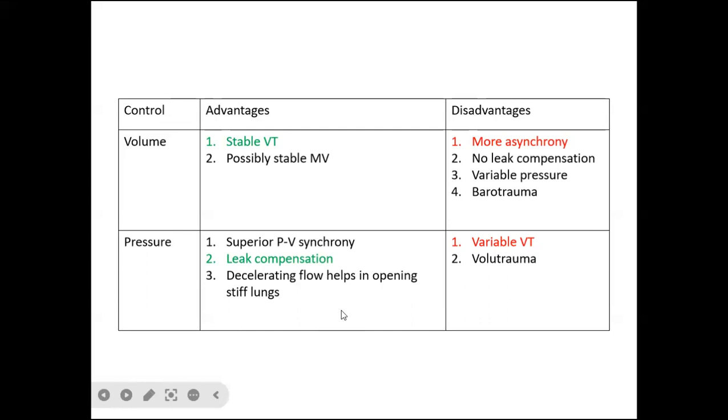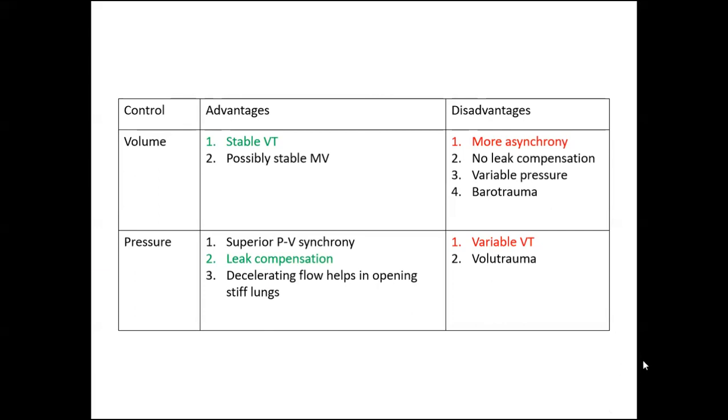And one more advantage is in stiff lungs like ARDS and pneumonia, your decelerating flow, because you are going to give a sudden gush of air in, so it can open the stiff lungs. That's one advantage. That's why in newer modes like PRVC, you are combining the advantage of pressure control with volume guarantee.